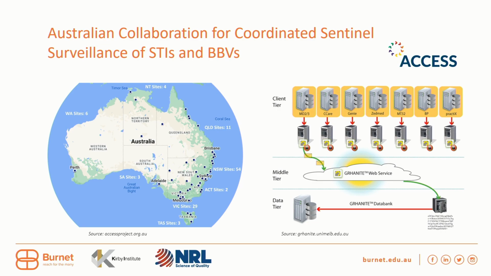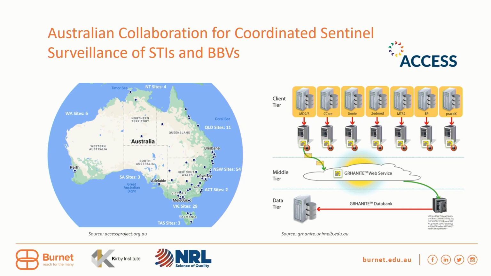In Australia, we have a sentinel surveillance system called Access that extracts clinical data or electronic medical records from over 100 sentinel clinics around the country. It uses a privacy-preserving technology called Burnet to interface with different patient databases to extract that data securely.